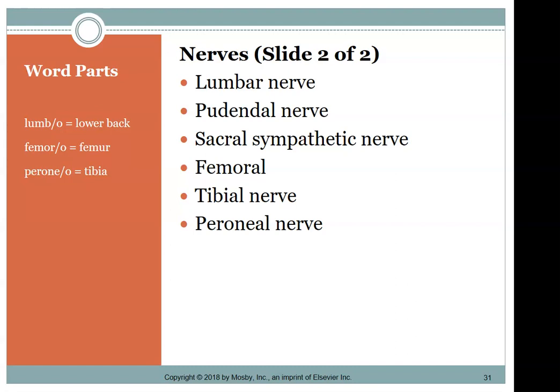The saphenous nerve is coded to the femoral nerve. The tibial nerve is used to code the medial popliteal, the medial sural, and the medial and lateral plantar nerves. The peroneal nerve is used to code the lateral sural nerve. And your word parts: lumbo is lower back, femoro is femur, and peroneo is fibula.